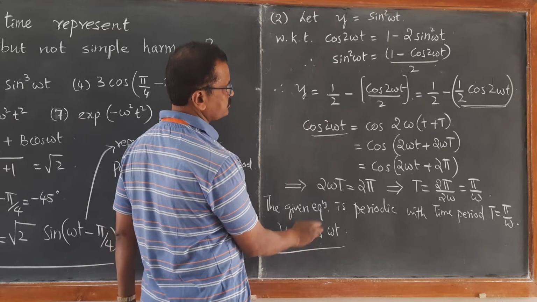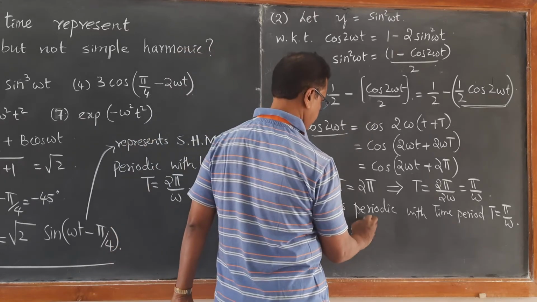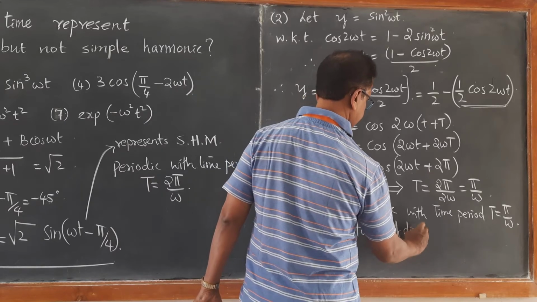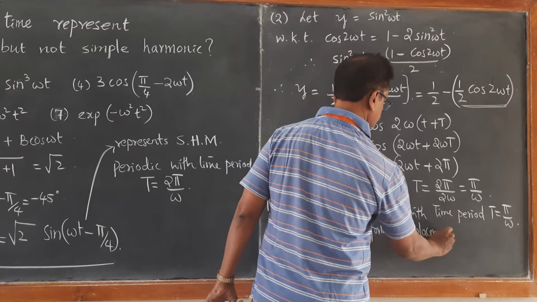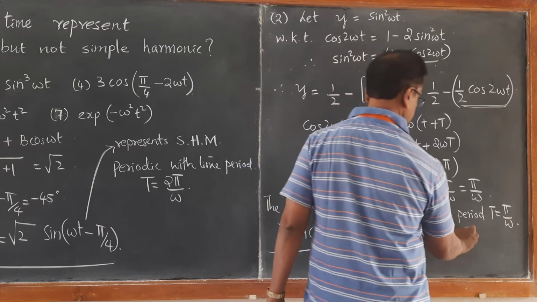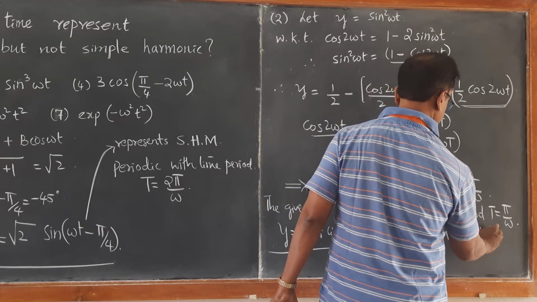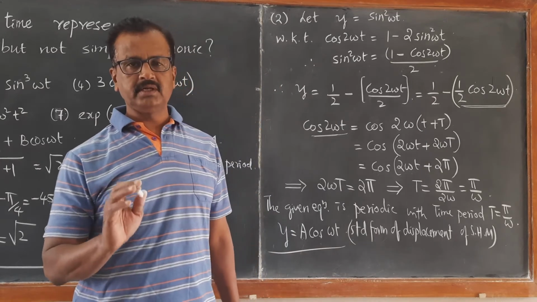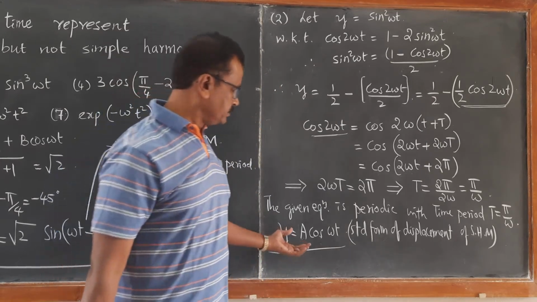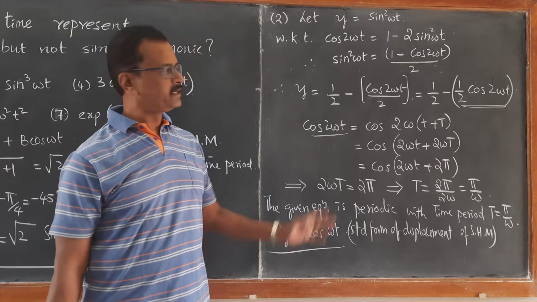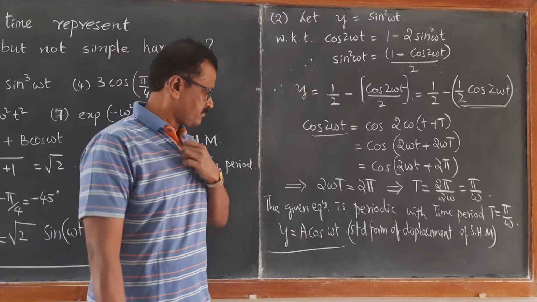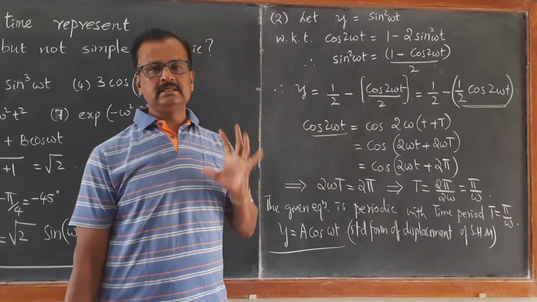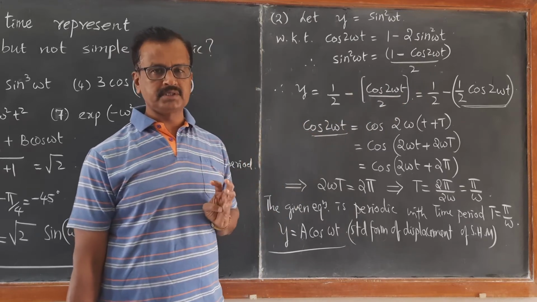Therefore, when you compare this with this standard form of displacement of SHM, if any given function is expressed in this standard form, then we say that the given function is representing simple harmonic motion.